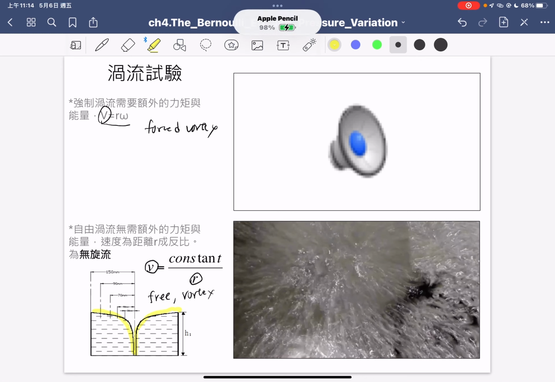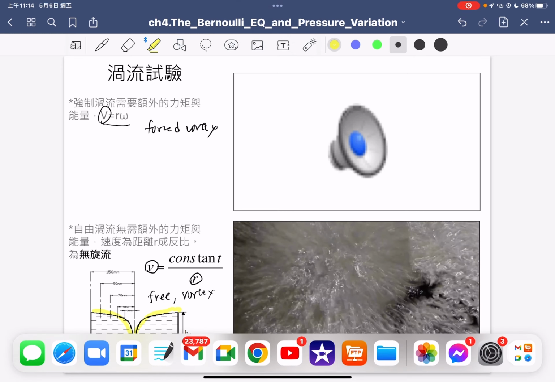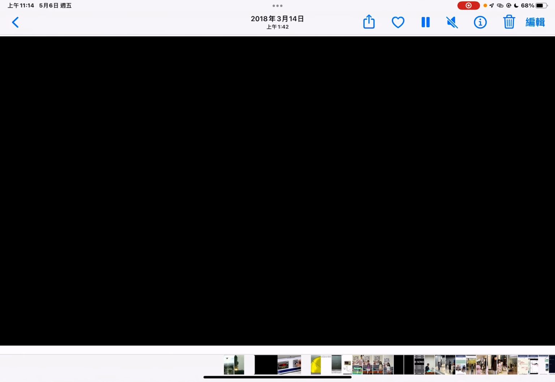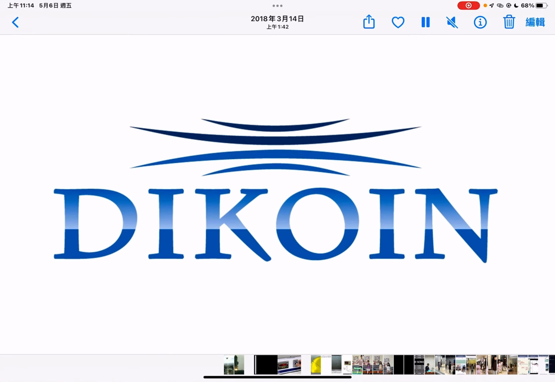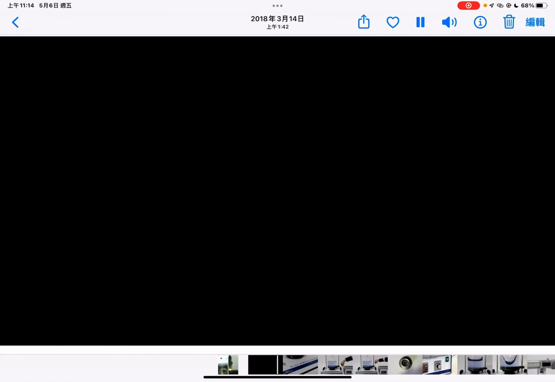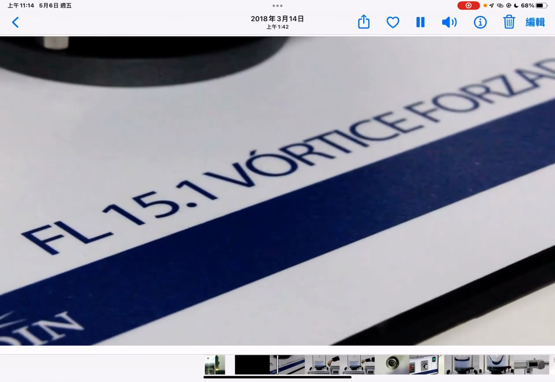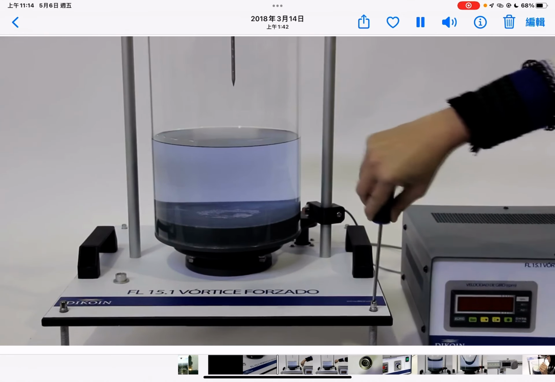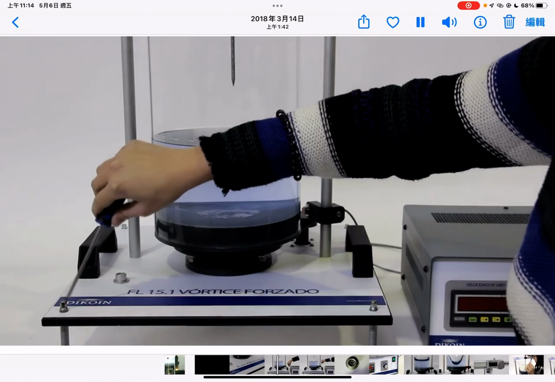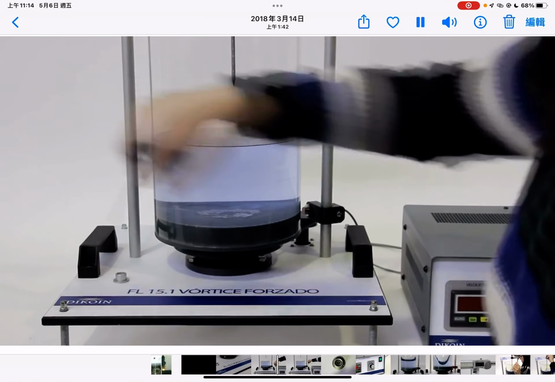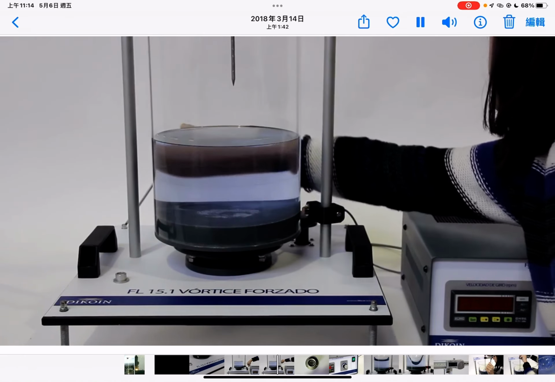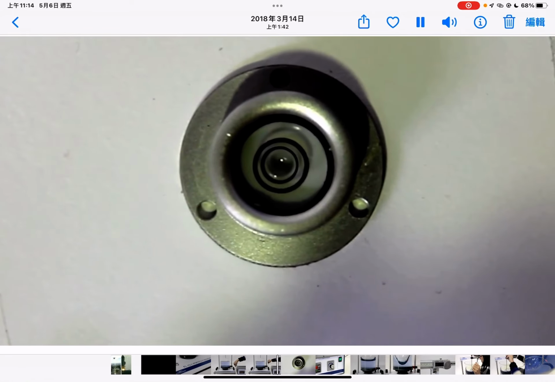Okay, so how different? I will play the movies, and you can understand how significant the difference is between the two testings. So this is what we call the forced testing. As you see in the video, the machine is quite new compared to ours, but the idea is totally the same. You just make the table horizontal, and double check all of the machine.